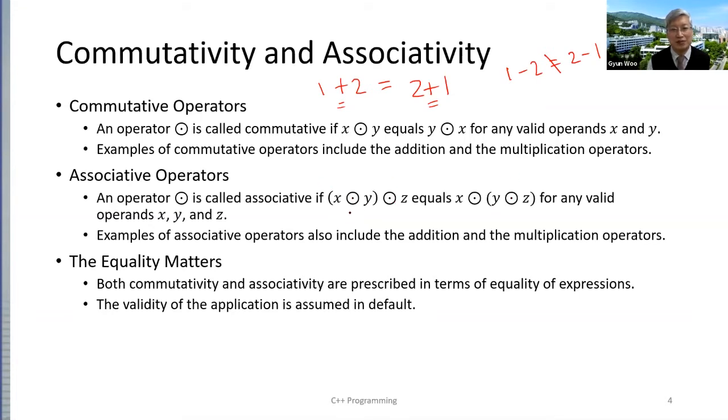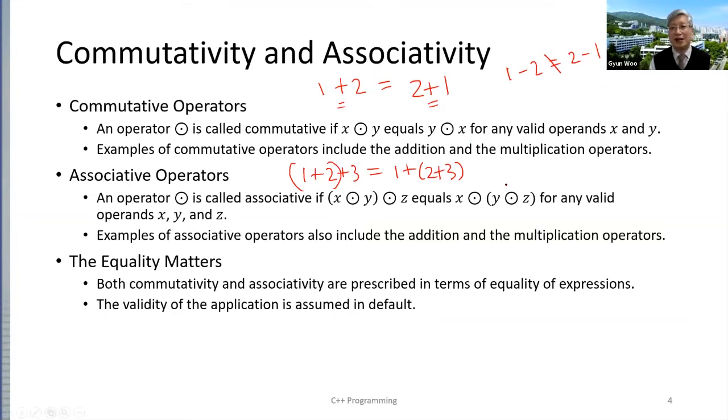If applying the operator to the first two operands and then the third one is equal to applying the operator to the second and the third, and then the first one, it is associative. So 1 plus 2 plus 3 equals 1 plus 2 plus 3 grouped the other way, okay?